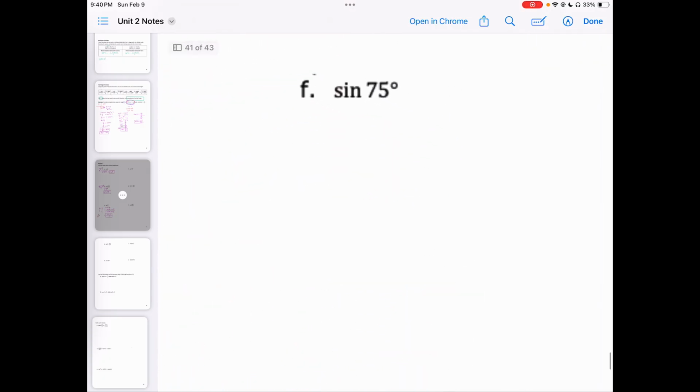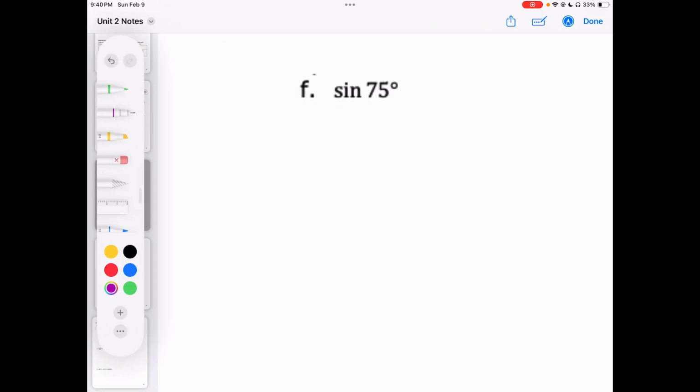And move on to the top here. We have sine of 75 that screams half angle. I'm thinking 150 divided by 2 is 75. So 150 is in quadrant 2, and that means sine is going to be positive. So I'll go ahead and take the positive root for my sine.